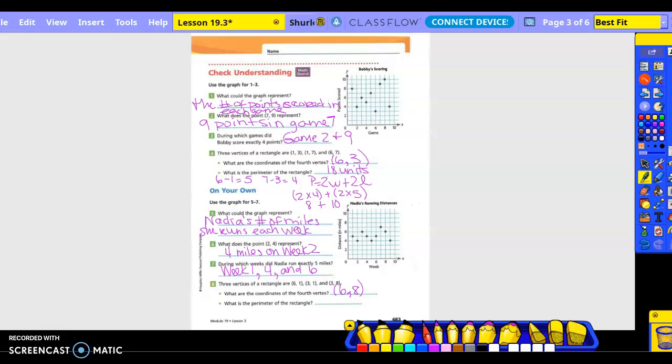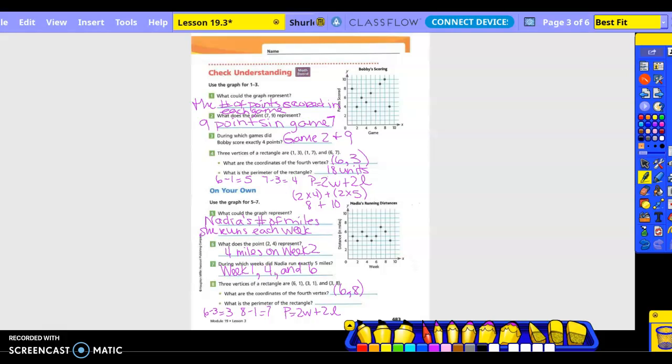Okay, what is the perimeter of the rectangle? So our x-axis are what? 6 minus 3, right? Equals 3. Y-axis is 8 minus 1, so 7. Our formula for perimeter is P equals 2W plus 2L.